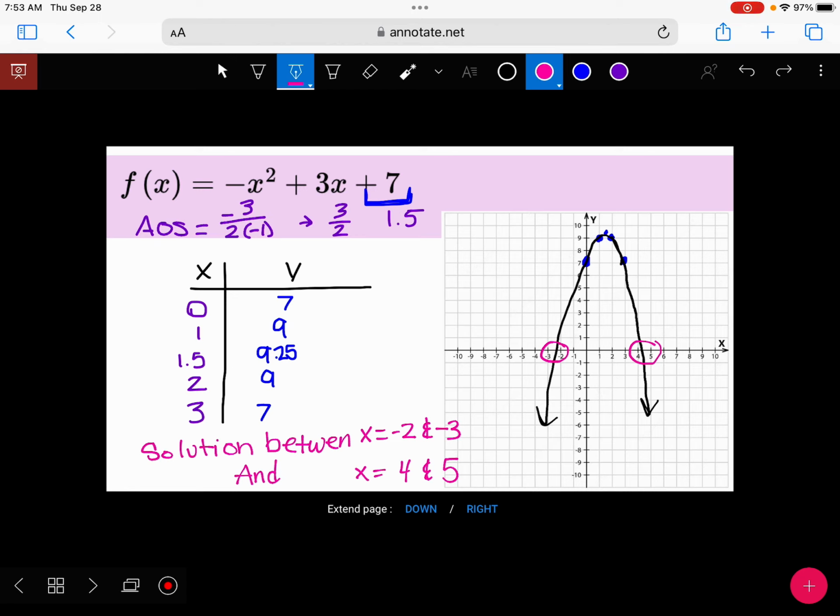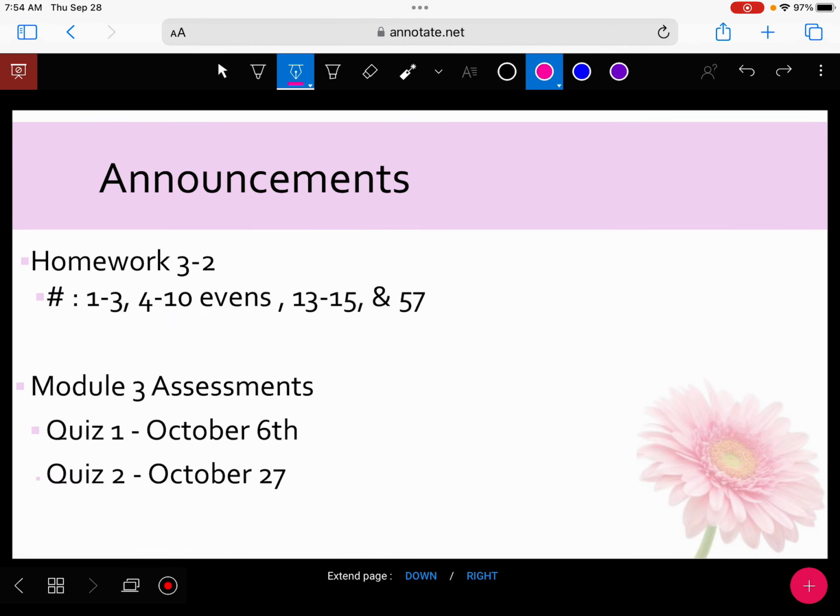Okay? So I am going to pass out homework 3-2. It has 4 graphs for you to make, 3 graphs for you to read, and 4 graphs for you to read. So these first 3 are just where is the solution. You can circle it and just write them out. Okay? So there's 3-2.